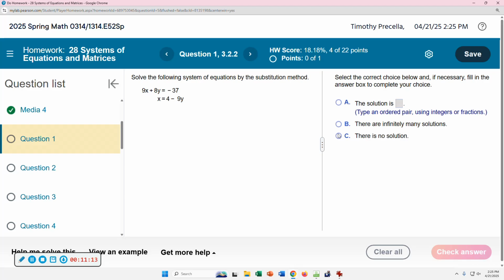I think I said 6y, but it's minus 9y. So 9x plus 8y equals negative 37, x equals 4 minus 9y.